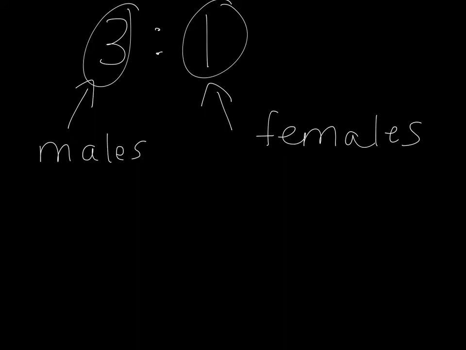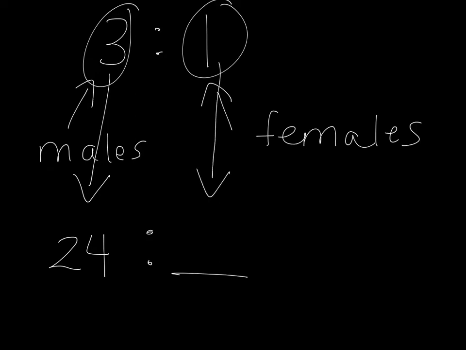Basically, this is an equivalent ratio, used on a smaller scale to represent the full amount of participation that there really was. So for example, what if I said that there were actually 24 males? So this 3 represents the 24. Well, we have to find out what this 1 represents then.